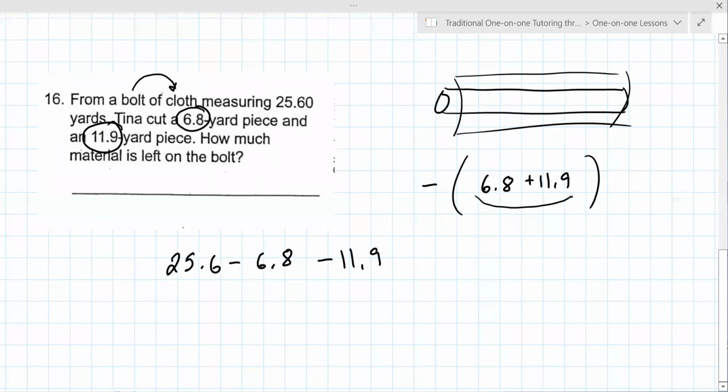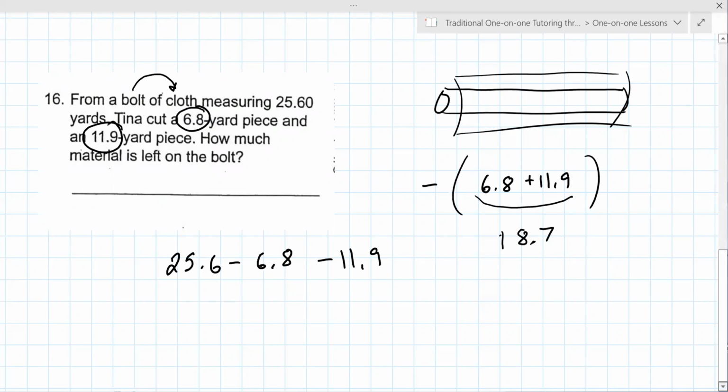Okay, sure. Would it be 1870? 18.7. 18.7. Okay, good.